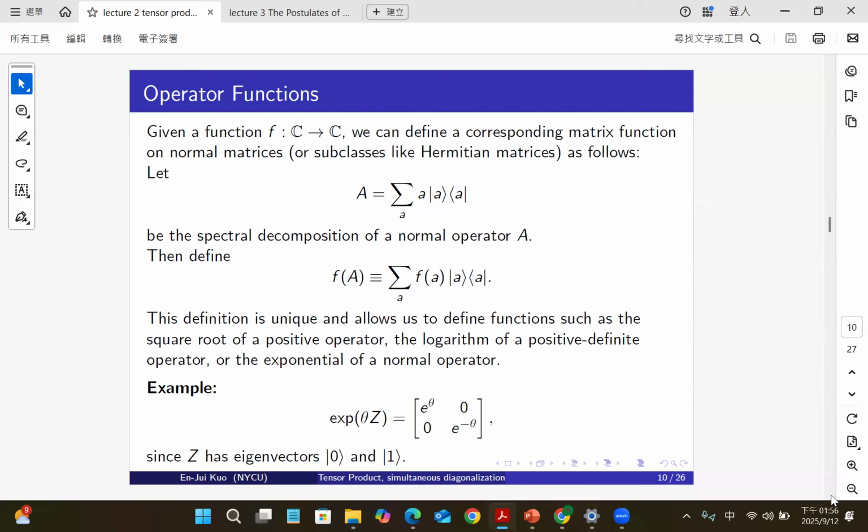Obviously, if you write A this way, then A to the k will be just U D^k U inverse. The proof of this is by mathematical induction. For example, A squared is U D U inverse U D U inverse, but U inverse U is the identity, so you get U D squared U inverse.